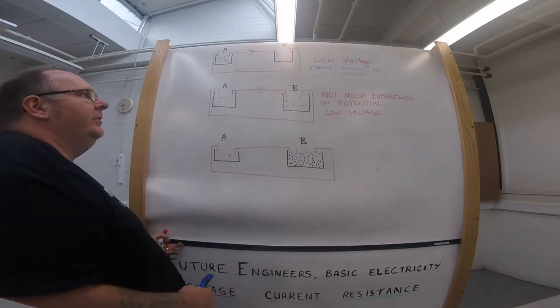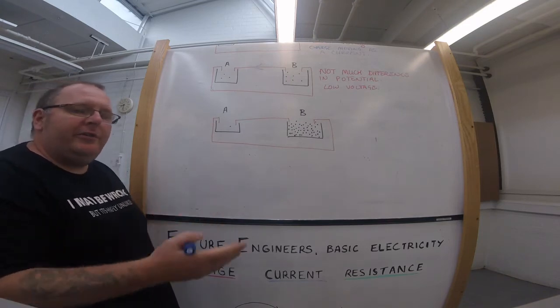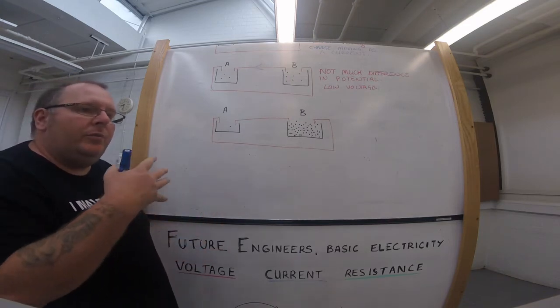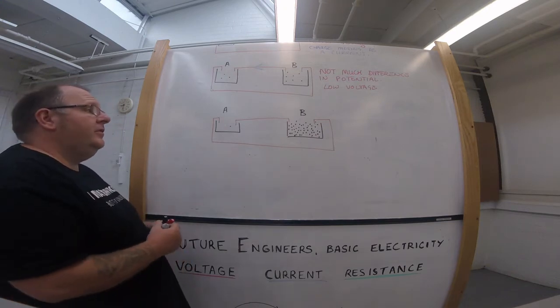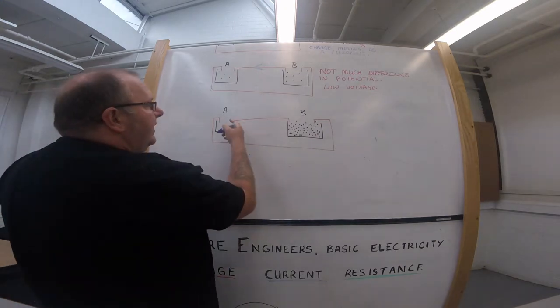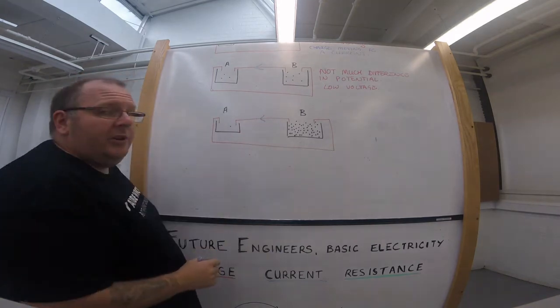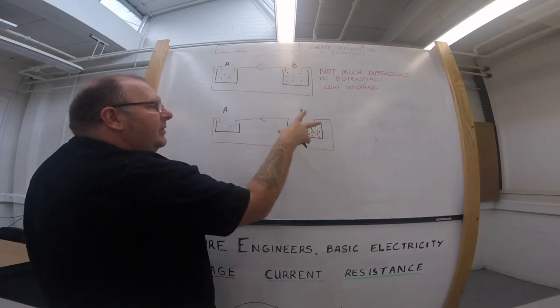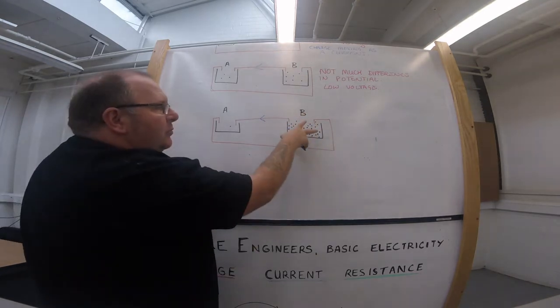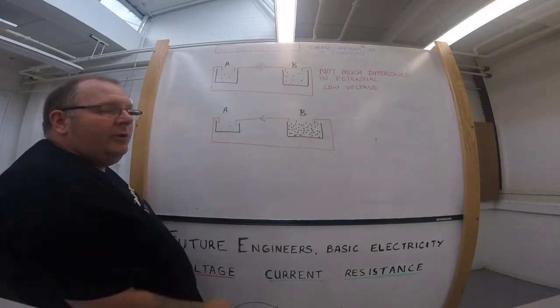Now, for the last one, what direction, first of all, will charge flow? What will be the direction of the current? If you said B to A again, you were correct. Obviously, there is a higher electric potential here. Much more charge than there is here. I'm not going to count all of those.